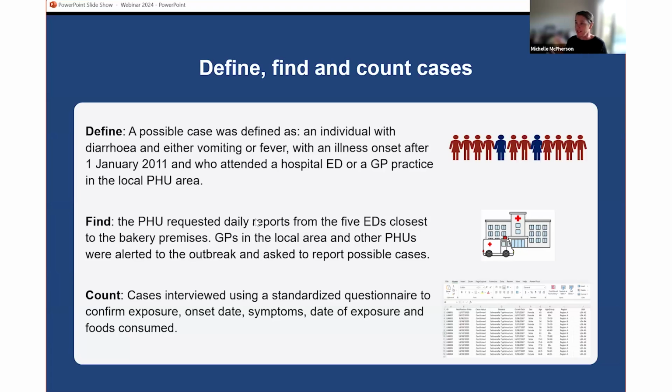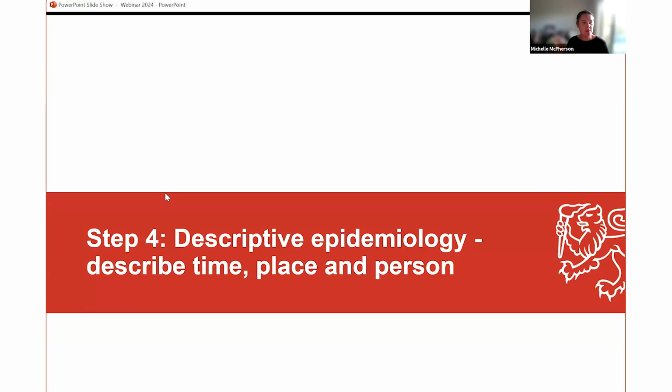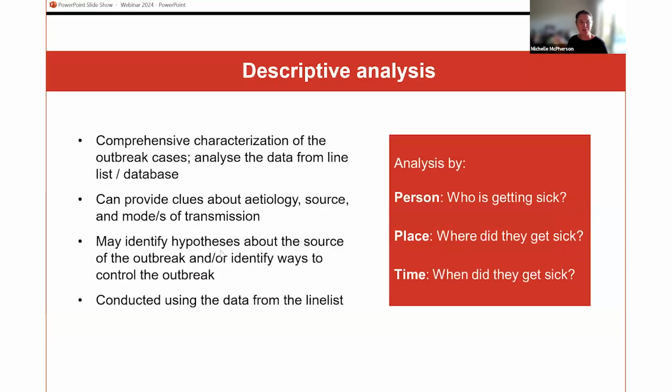Typically, once we've got this initial information and we've stored it in a line list, we will then move on to step 4, which is to do our descriptive epidemiology, which involves describing our cases by time, place, and person, or person, place, and time. So we want to describe our outbreak cases so that we know who we're dealing with.